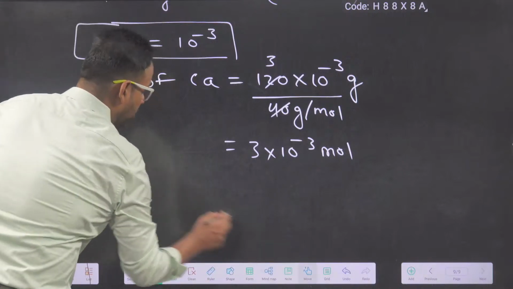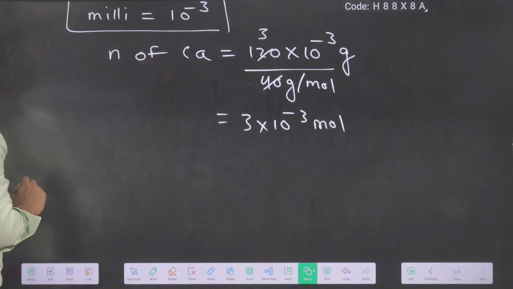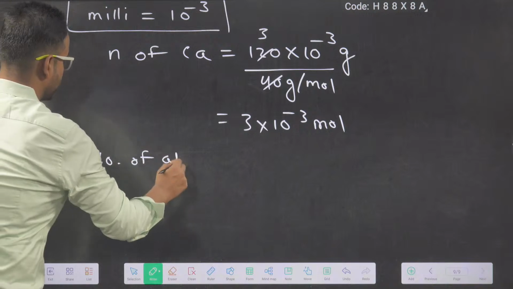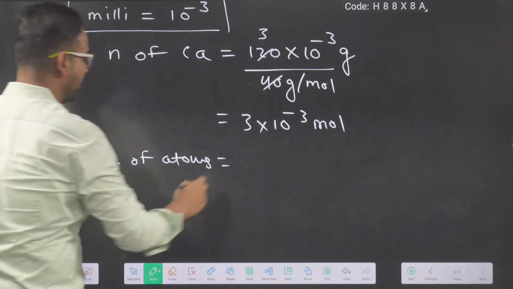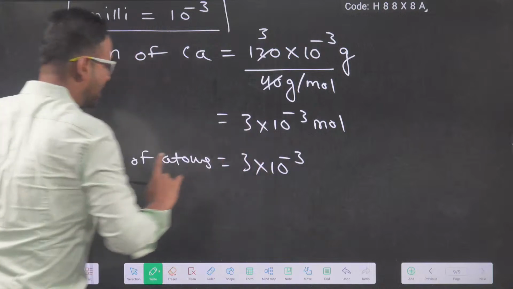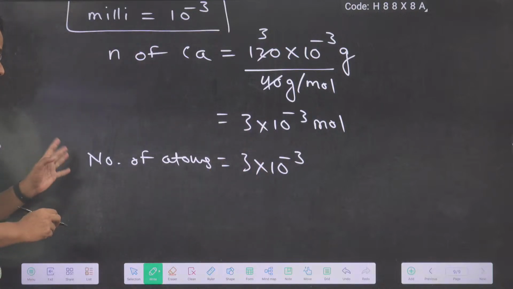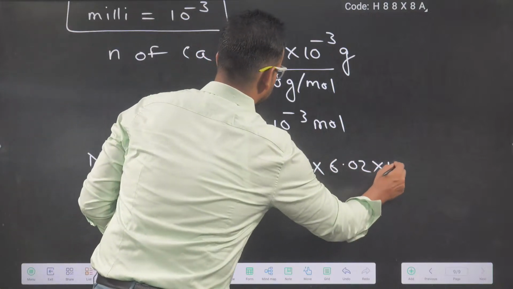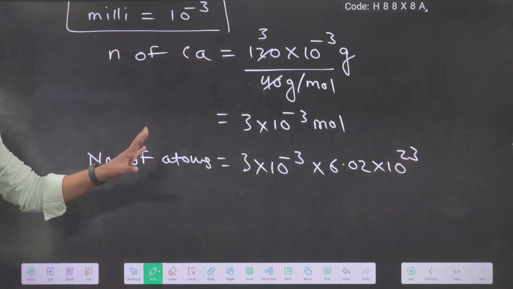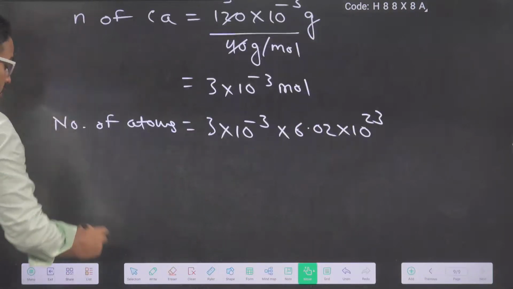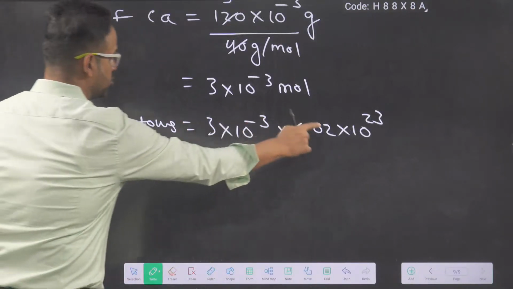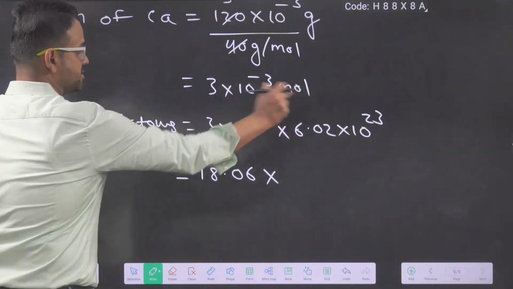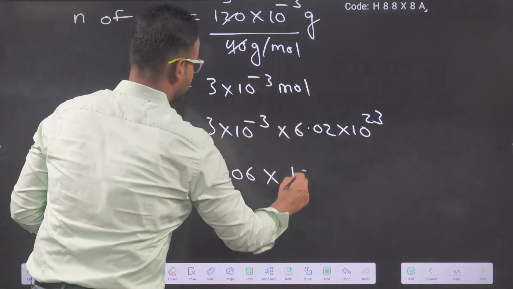I hope the calculation is clear. Now I will calculate the number of atoms. Number of atoms will be 3 into 10 to the power minus 3 moles into 6.02 into 10 to the power 23. I'm not writing the unit this time, it is understood. The mole cancels. 3 2s are 6, 3 6s are 18, so 18.06 into 10 to the power minus 3 plus 23, which is 10 to the power 20.